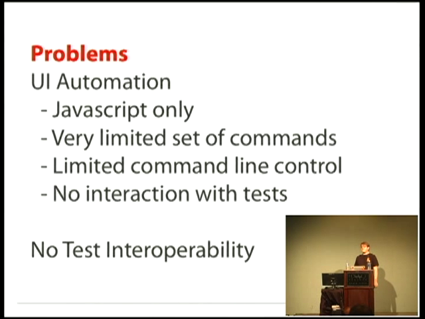For example, they can't get out to the file system or do any of those things that you might want them to do. They have very limited command line control, which makes it very, very difficult to put these into CI. And at the end of the day, the biggest issue is unlike the example I just showed where you can write one test and run it in many browsers and devices, there's no test interoperability with Instruments.